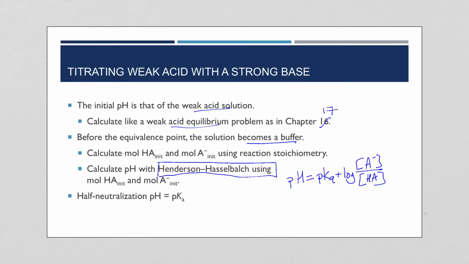So at any point, we can determine how much we have. At the very beginning, we have all acid, no conjugate base. As we go along, the concentration of this acid drops down and the concentration of the conjugate base builds up. And we can figure out these concentrations with, again, an equilibrium problem.